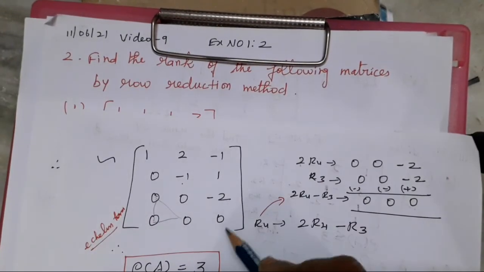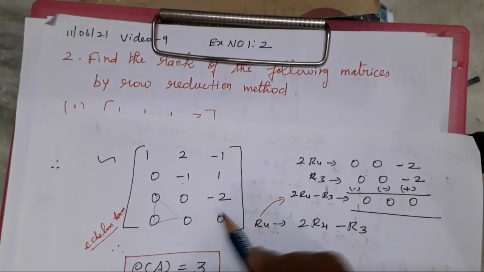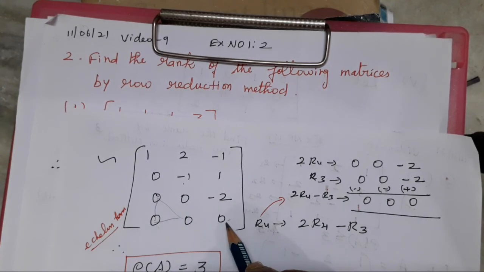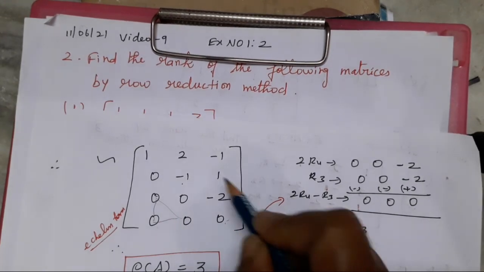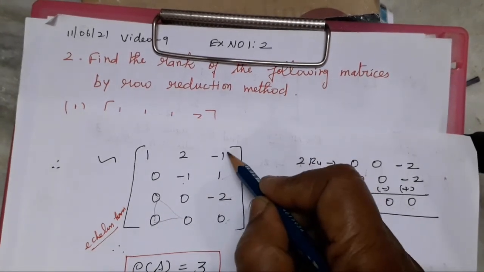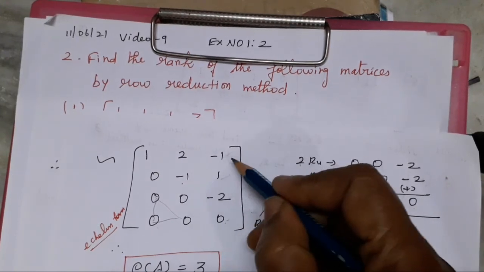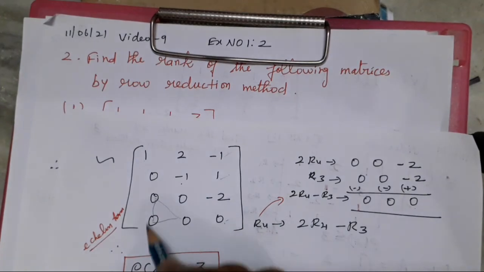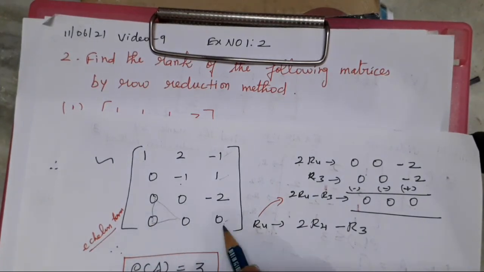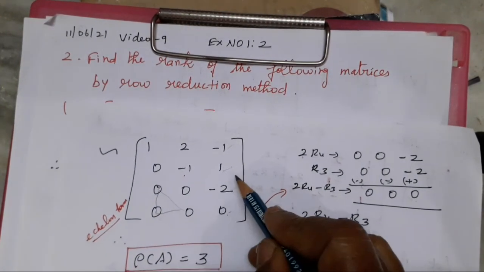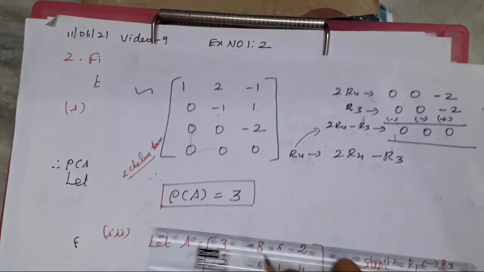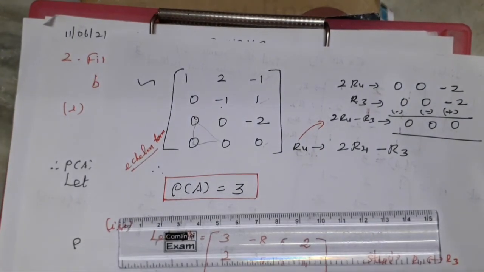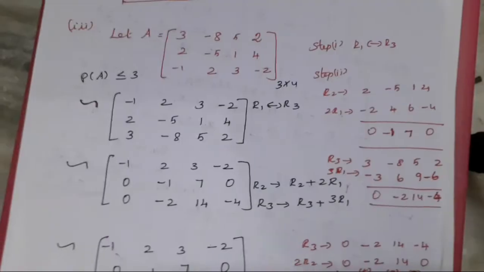This is a zero row, all the elements are 0. Here is one non-zero row, here another non-zero row, another non-zero row. Totally 1, 2, 3: 3 non-zero rows. This is the only zero row. How many non-zero rows? 3. Therefore, rank is nothing but what? Rank of A is 3.